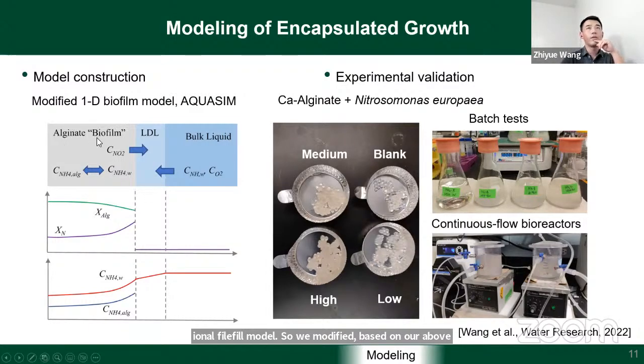We added a phase that can not only retain or absorb ammonia, in this case, the C ammonia alginate is referring to the absorption of ammonia on alginate, but also it can occupy some space that may be competing with the encapsulated biomass.